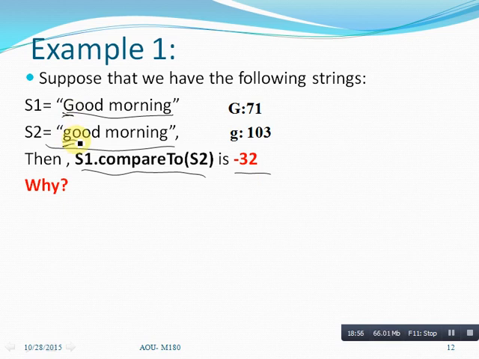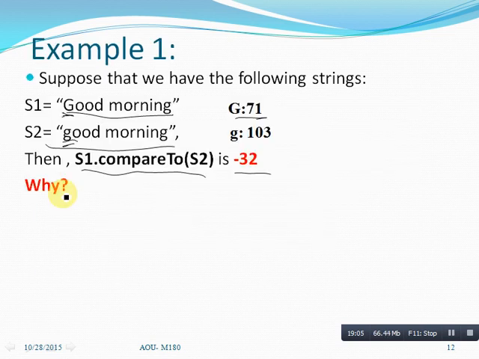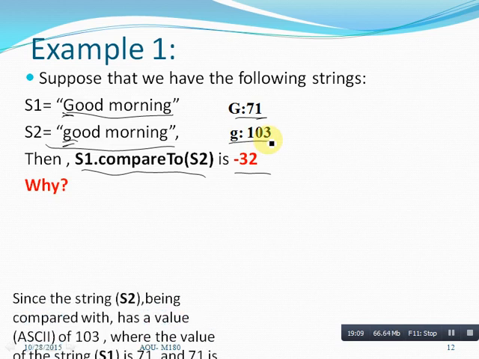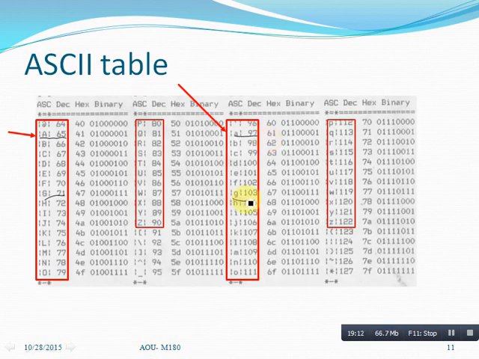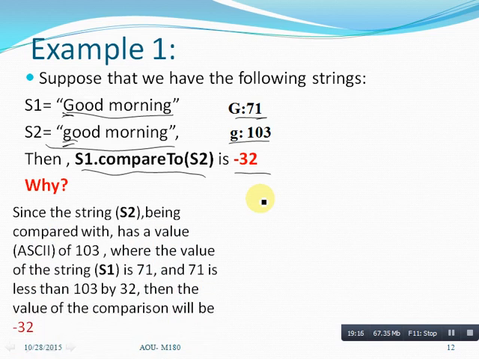The system will check the value of capital G, which is 71, and the value of small g, which is 103. Then it will do minus. So 71 minus 103 is minus 32. So it will return minus 32.